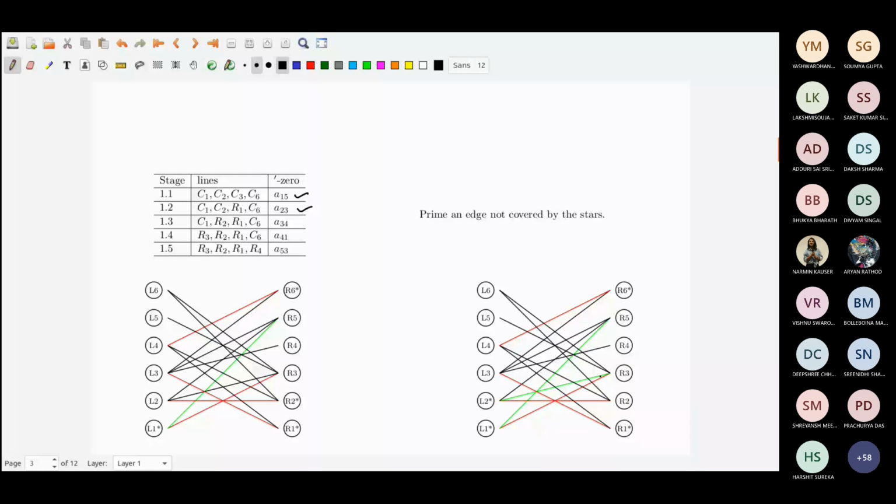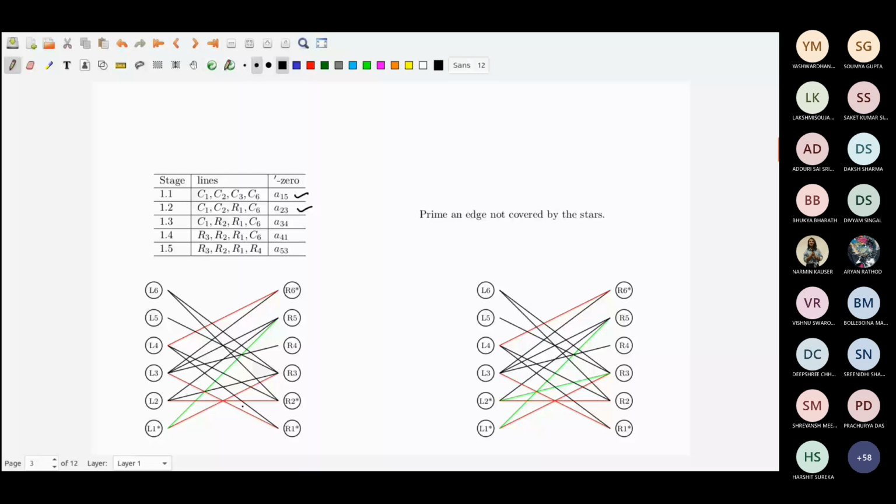Essentially, what I am asking is whether L2 is matched to something. So then I see the red line at L2, and L2 is matched to R2, and R2 has a star. So then the star of R2 comes to L2. That is what has happened.